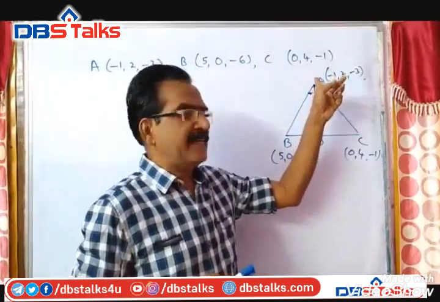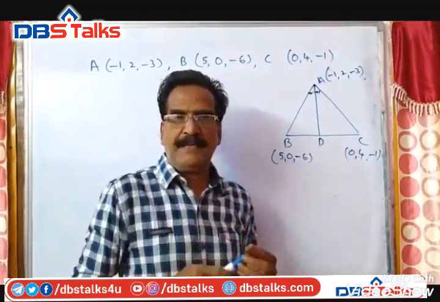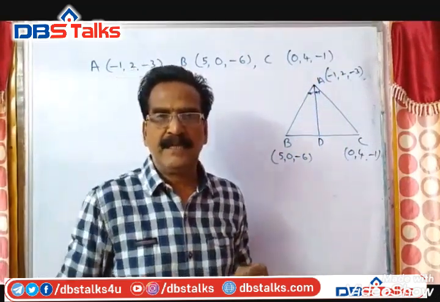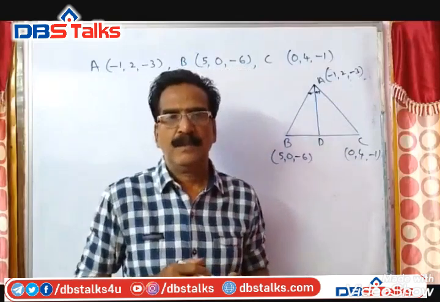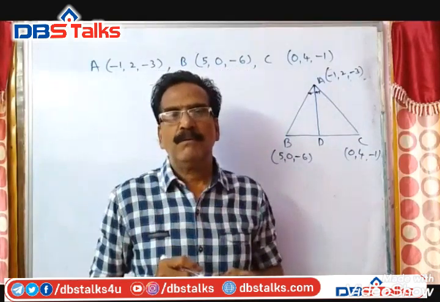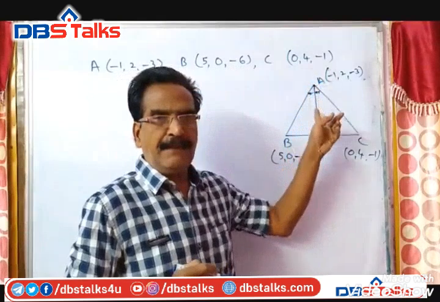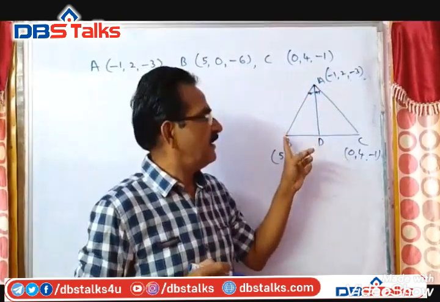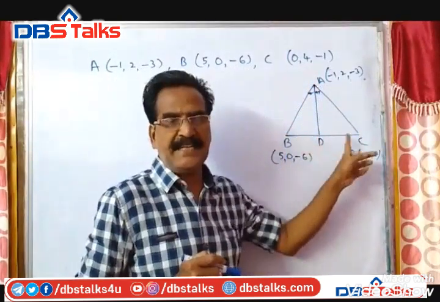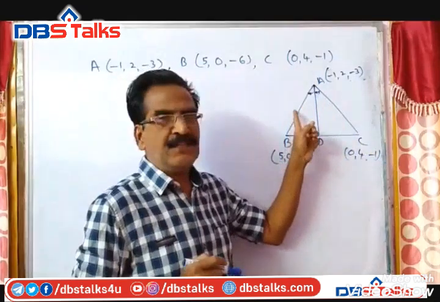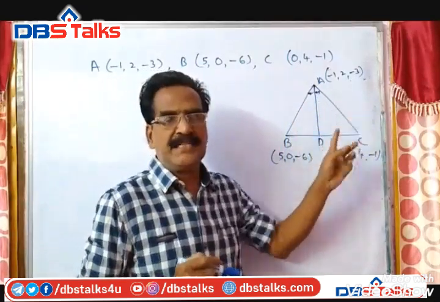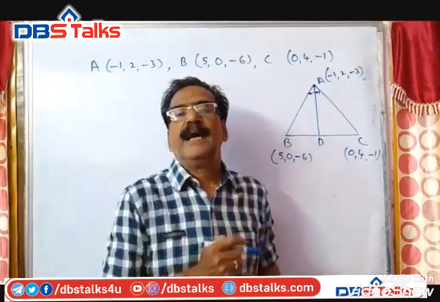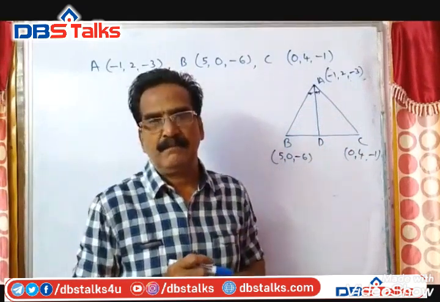See friends, AD is the angular bisector. We know the angular bisector divides the opposite side in the ratio of the two sides in which the angle is inclined.